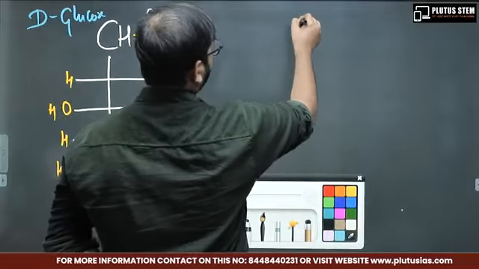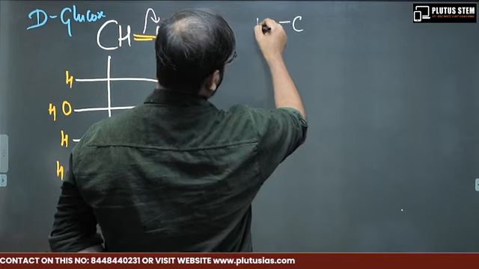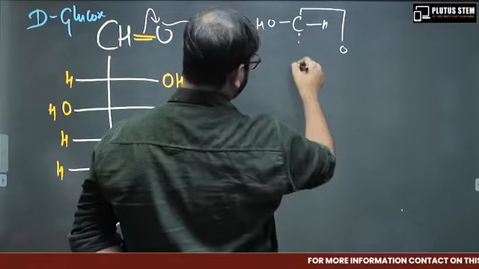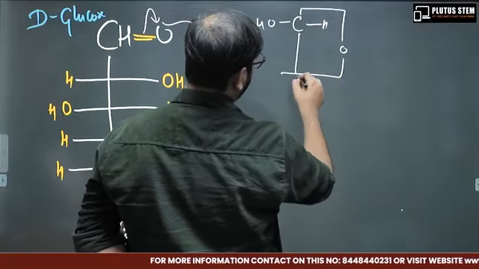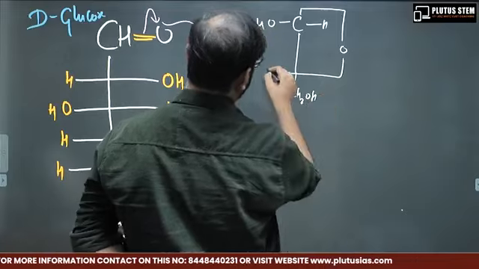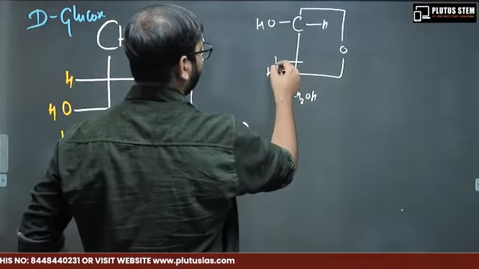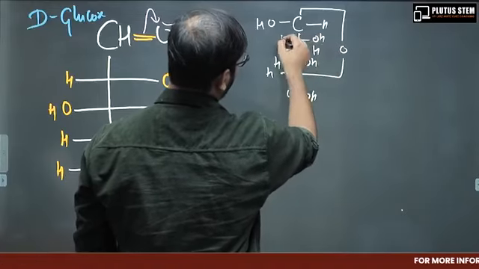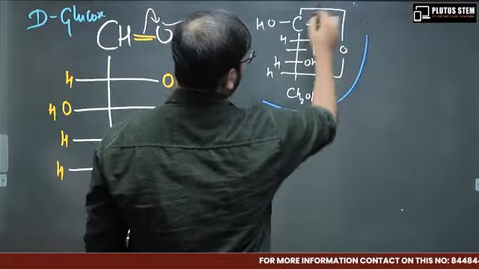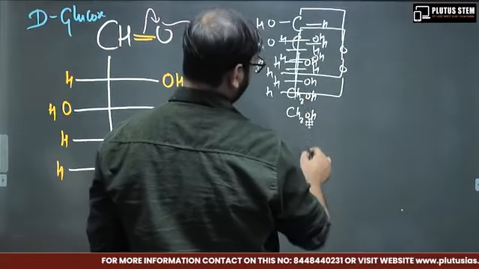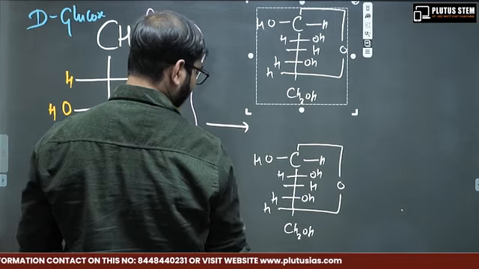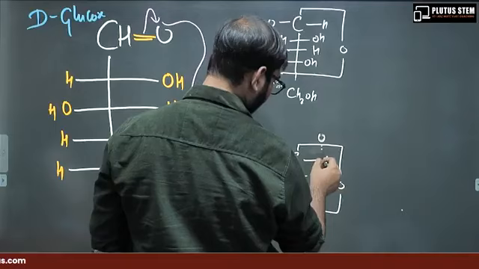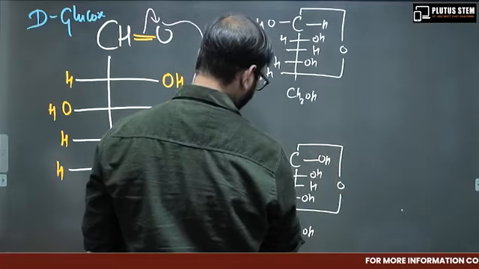First, the OH can be outside of the ring, and oxygen remains bound with the carbon at the fifth position, CH2OH, H, and the rest of the molecule remains unchanged, OH, H, OH, and H. The other option is that I can have the exact same molecule, but the OH may also lie inside of the ring.